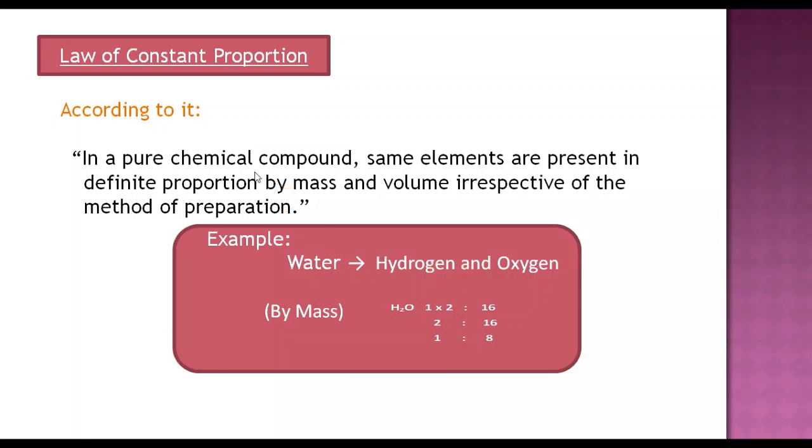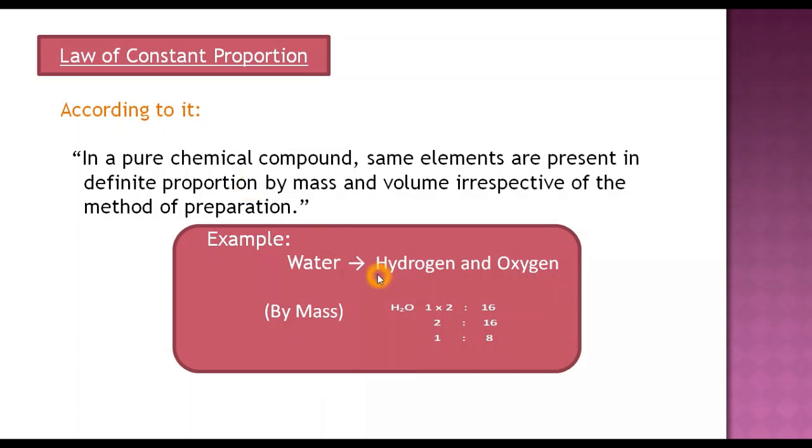Now this law says that in a pure chemical compound, the same elements are always present. It means whatever be the source, only those elements are present in that compound. So if we are taking water, whatever be the source of water, always hydrogen and oxygen will be present in water. So the same elements are present, right? Now then, elements are present in definite proportion.